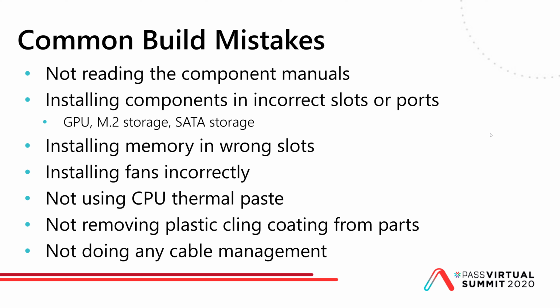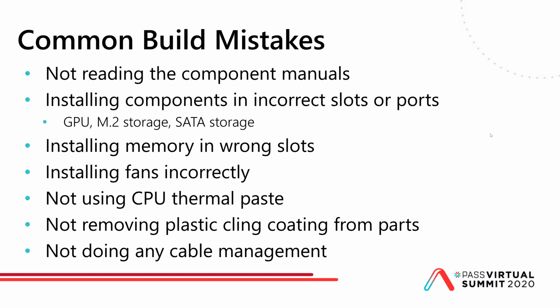Or with M.2 storage, installing it in one of the slower M.2 slots instead of the fastest one that's connected to the CPU. The same thing with SATA storage. Some of your SATA ports might have different speeds, so reading the manual will help you avoid those sorts of things.